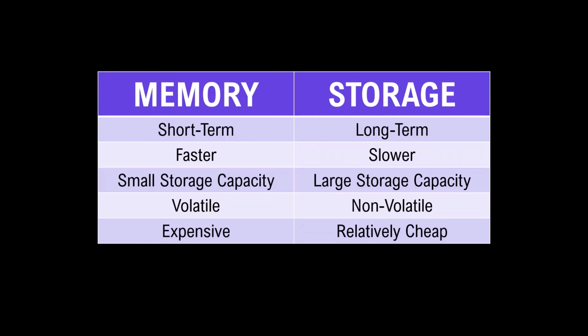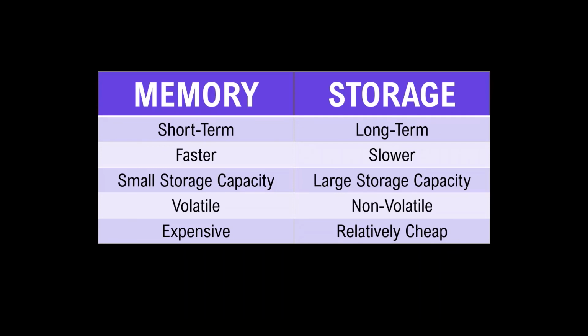Storage has a large storage capacity, and this is all in relation to each other. Memory is volatile, which means if you turn off the computer, the data will be gone. Storage is non-volatile, which means that even after turning the computer off, you turn it back on, you will have the data there if you want to take it back.